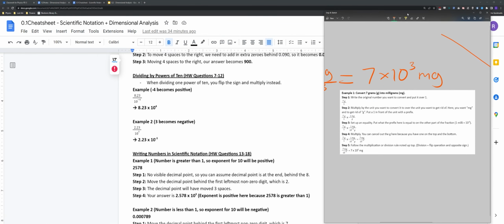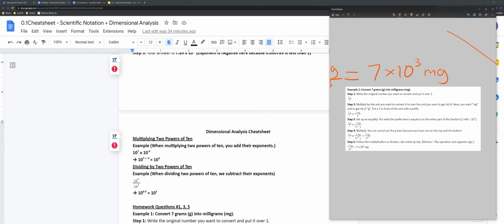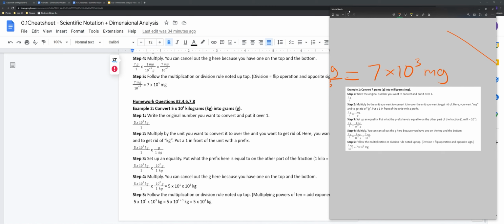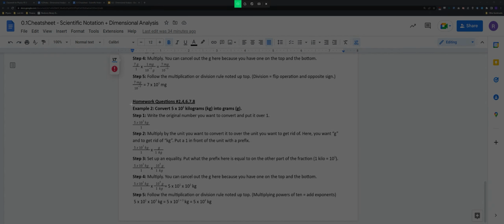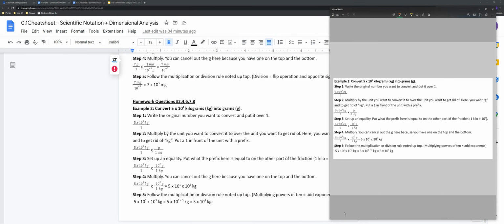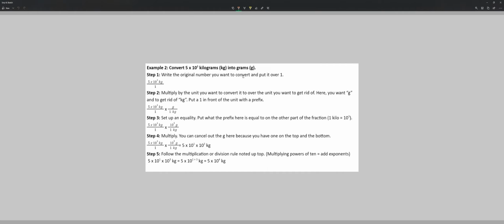Well, let's take a look at the opposite side, right? So let's take a look at another example. Let's take example number 2 on your cheat sheet. And so step 1 says, well, actually I'll write it out. So we want to convert 5 times 10 to the 1 kilograms into grams, right?